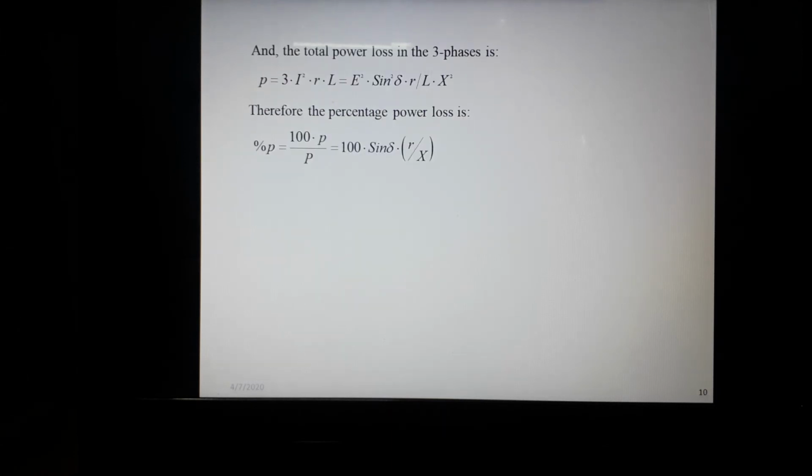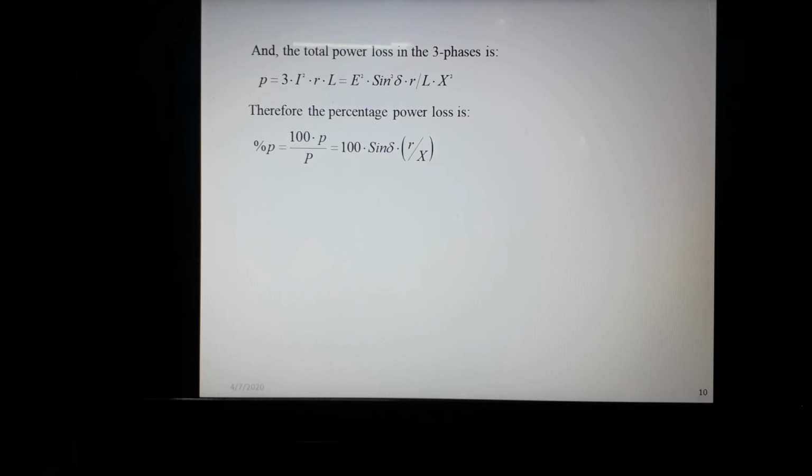And the total power loss in the three phase is given by P is equal to 3 times I square R, where R is the resistance per phase per kilometer, and L is the length of line. So total power loss is given by 3 times I square R into L, and by putting the value of I, it is given by E square sine square delta multiplied by R divided by L into X square.